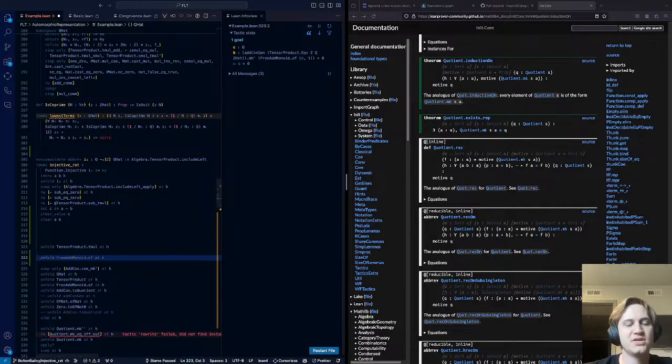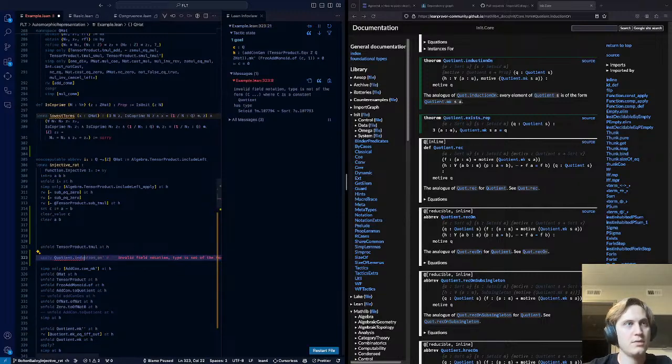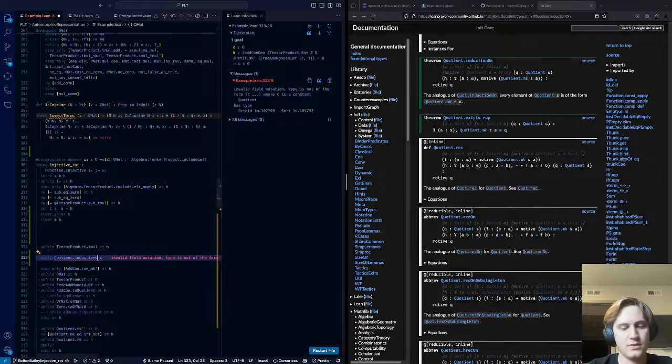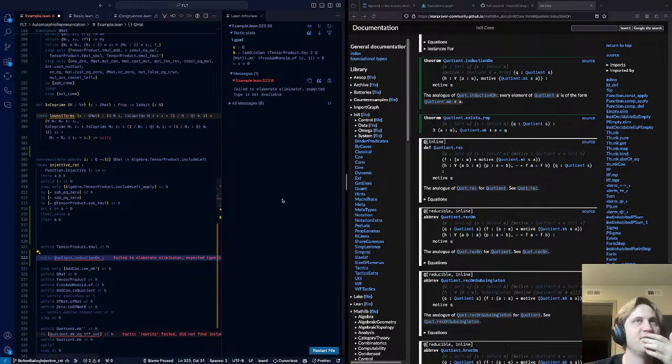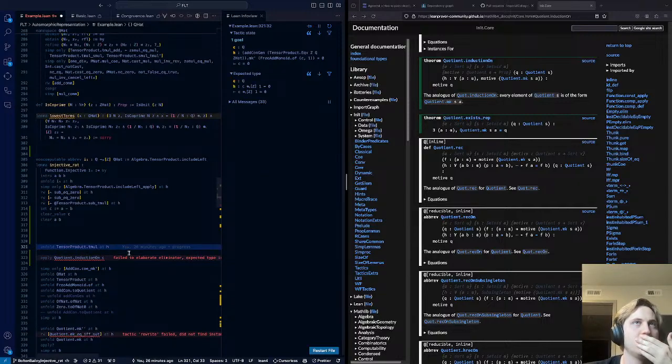Okay, so what happens if I just say apply quotient.inductionOn? Invalid field notation. Well, this is not the right inductionOn. Failed to elaborate eliminator. Expected type is not available. The thing that I'm inducting on is this.